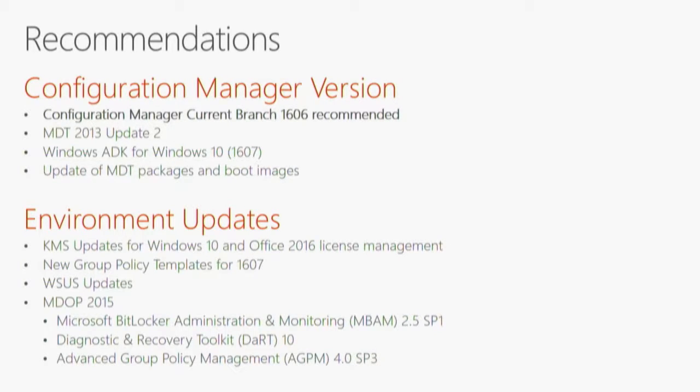Okay, so I'm not sure whether you've had different folders that they need to drop builds in, and some are test and some are pilot and some are production, or do all these other different things in Config Manager. Now it's much more integrated as you get to 1606. So if you're not on the current branch for Config Manager, definitely look at getting onto it. That is the only way you're really going to be at a point where, as new features come out for Windows 10, you're going to be able to make the most of them.